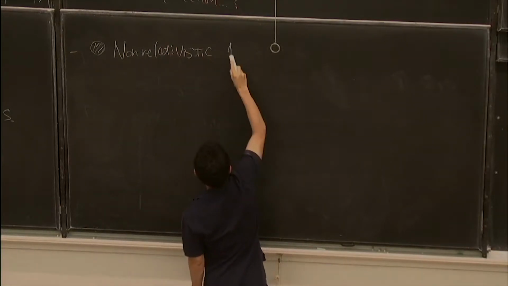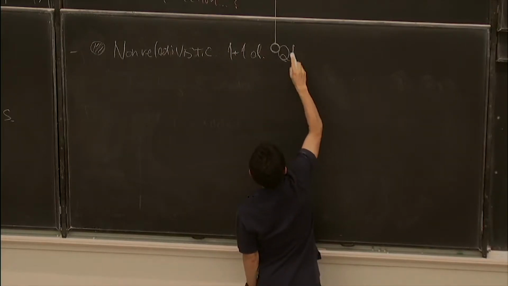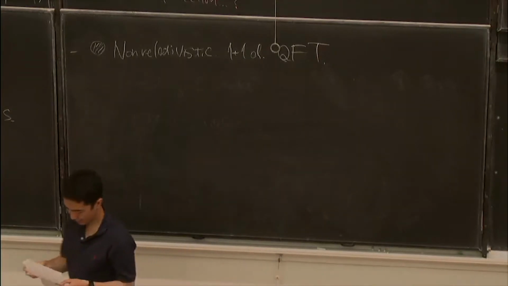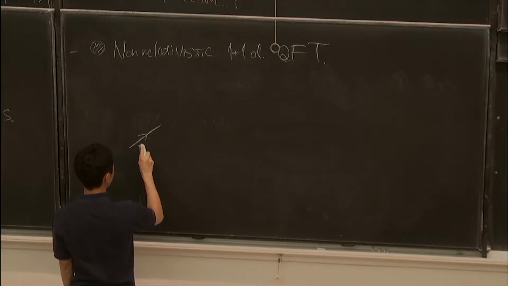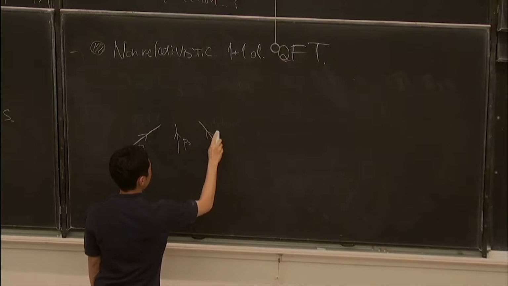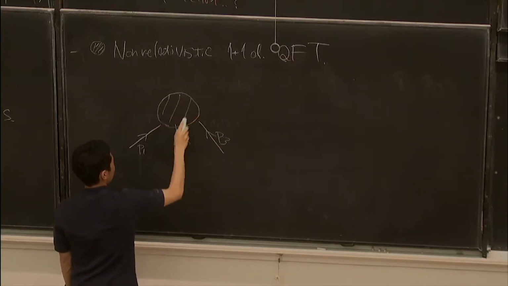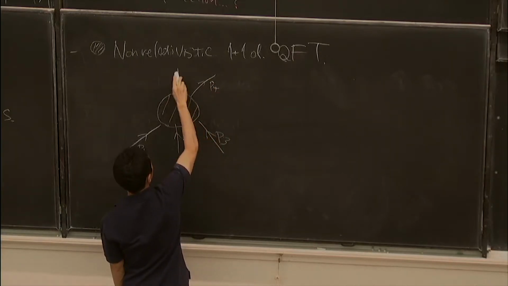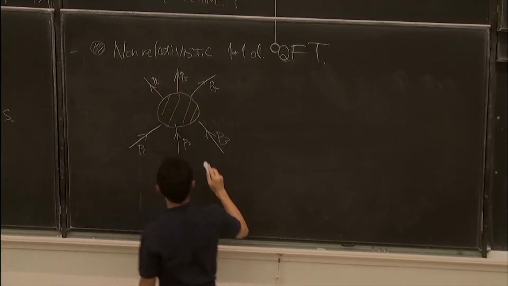In particular, let's consider 3 to 3 scattering, where particles with momenta P1, P2, and P3 are coming in, and particles with momenta P4, P5, and P6 are coming out.